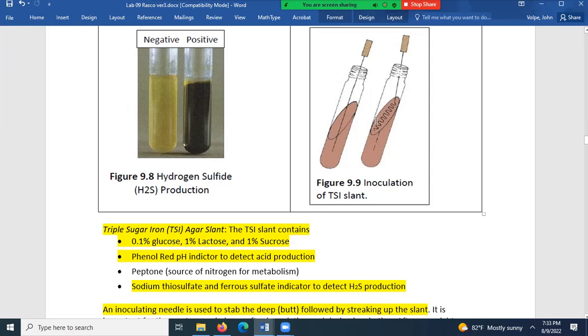You take the needle and make S-like motions on the slant. That's to grow the bacteria aerobically on the slant and then anaerobically in the bottom of the stab. Any question about that?